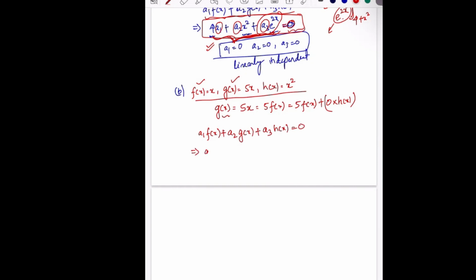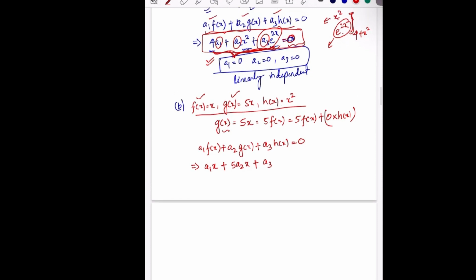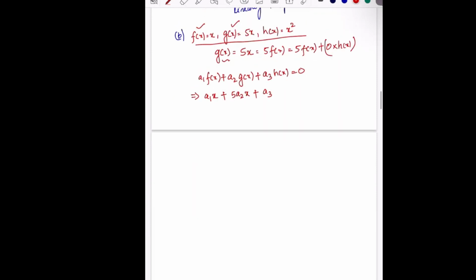So now put the value of these functions. G of x is 5 times x, and the third one is... Excuse me, ma'am, can we write g of x is equal to 5x is equal to 5 times h of x upon f of x? Let me write what you are saying.